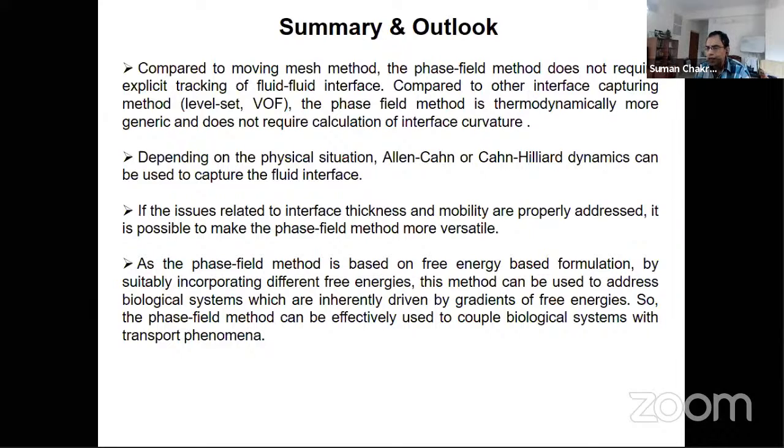The great advantage is that by this model you can couple thermodynamics with fluid mechanics, and therefore the physical aspects of the problem which come out of thermodynamics can be embedded in the mathematical description through the free energy formulation, and in that way very complex physical systems can be modeled, starting from industrial problems to very complex biological problems and human body dynamics.